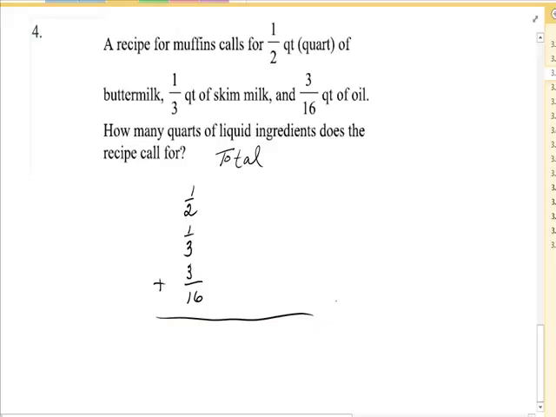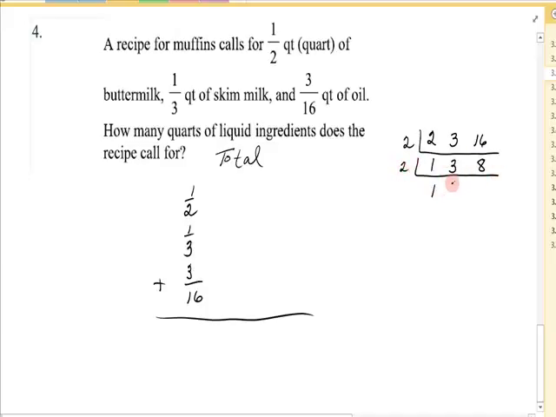All right, I think this time I will use prime factorization to get the common denominator, or the least common multiple. 2 is the smallest prime, and it will go into the first one 1 time. It doesn't go into 3, it goes into 16 8 times. Divide by 2 again.